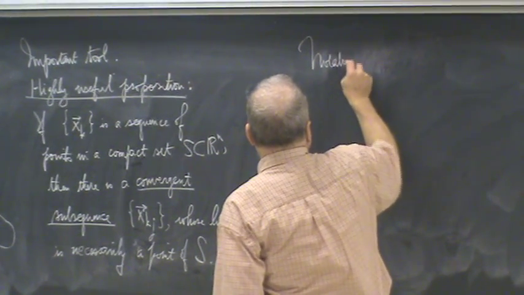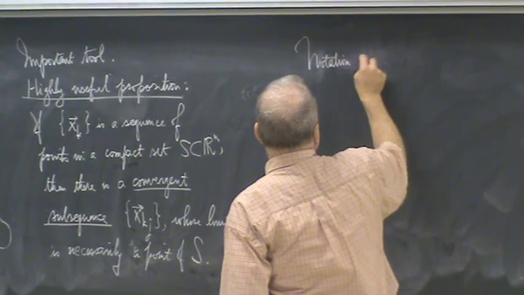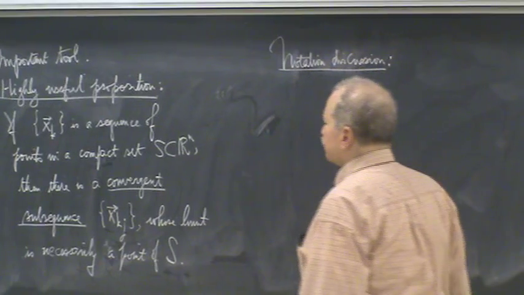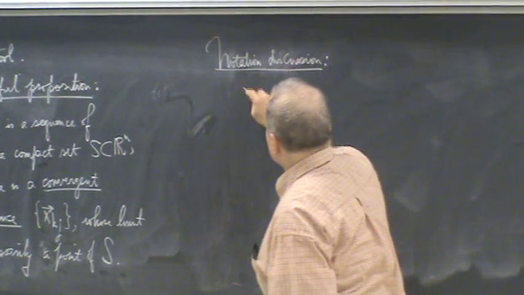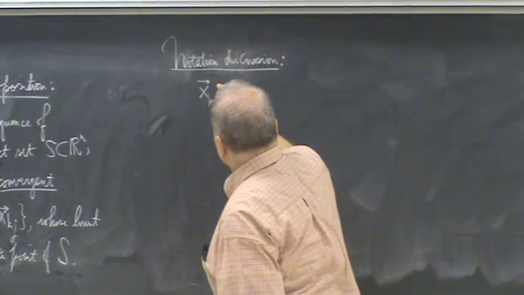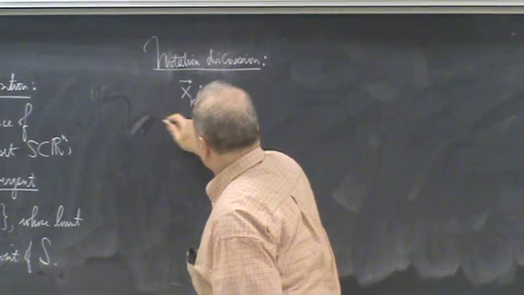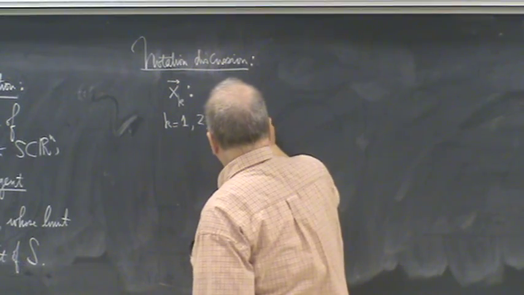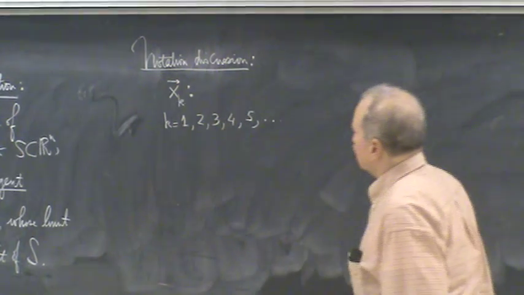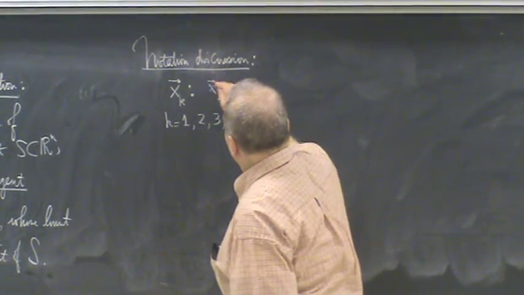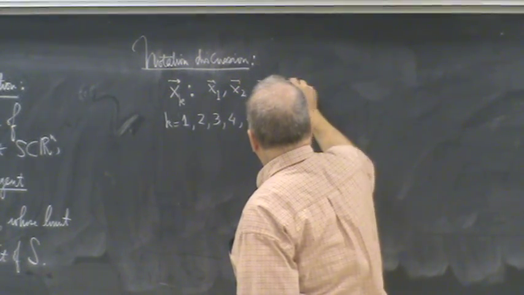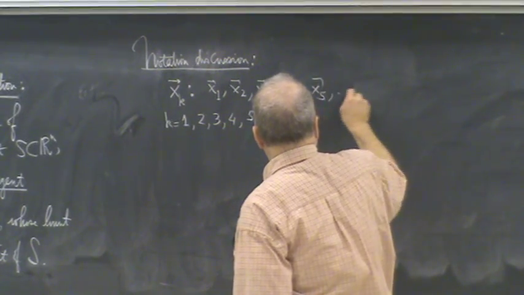So let's just talk about this notation for a second. You're starting off with a sequence which we're calling the xk's. So here k is going to be a sequence of positive integers, and you're having various points in Rn, one for each counting number, one for each natural number.